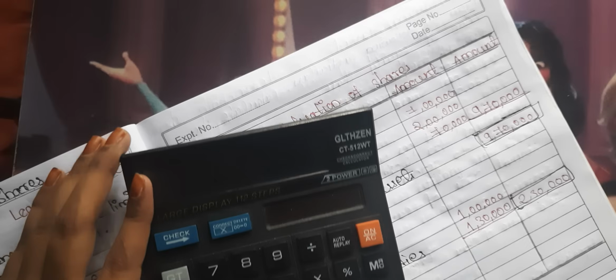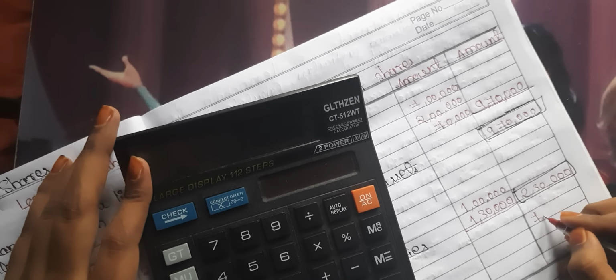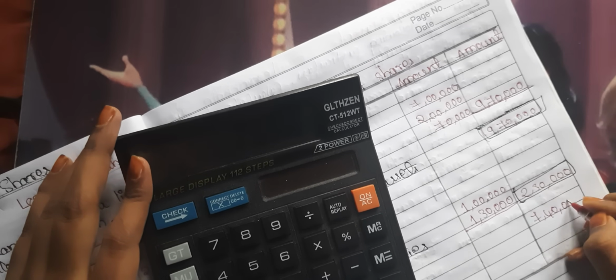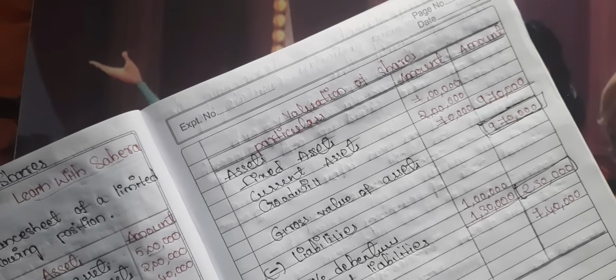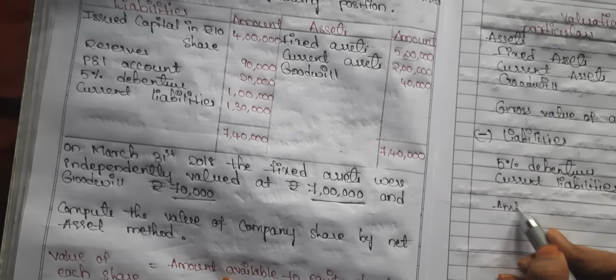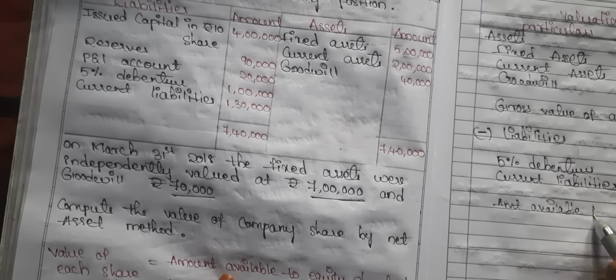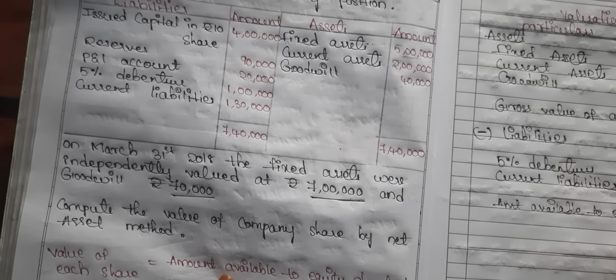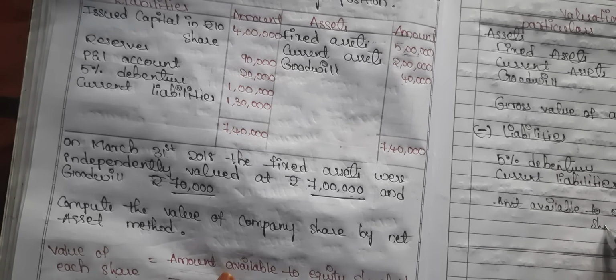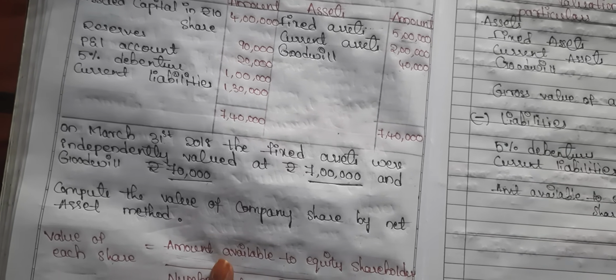When you do the calculation, it is 7,40,000. What is this 7,40,000, ma? It is nothing but your amount available to equity shareholders.